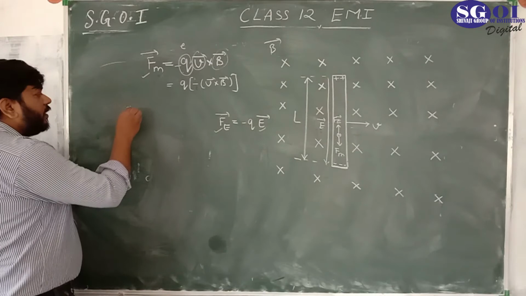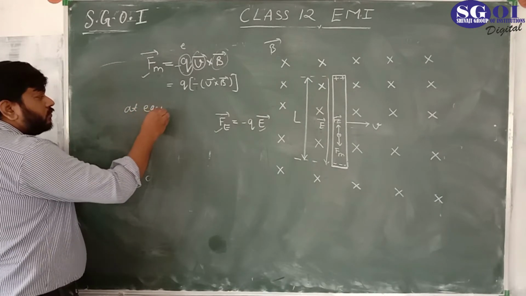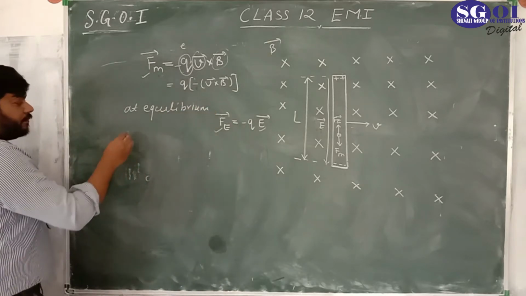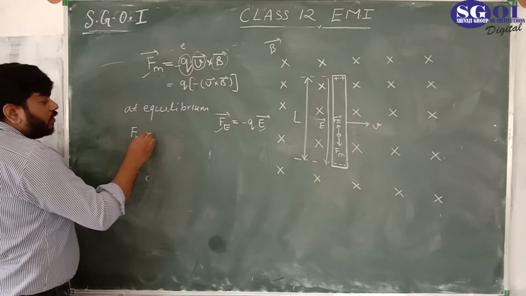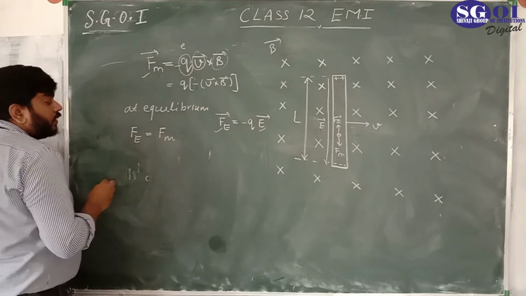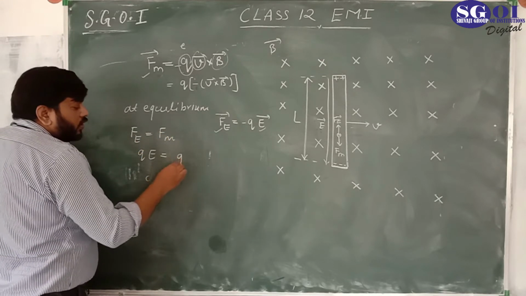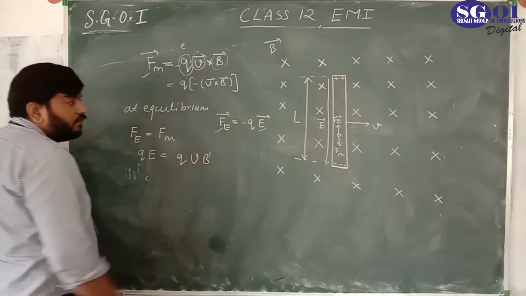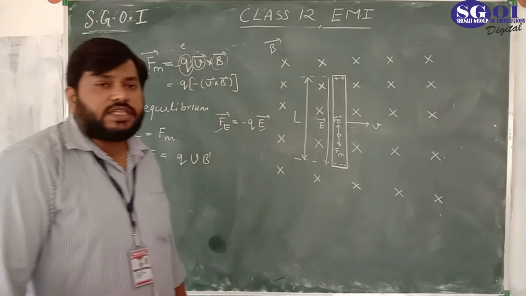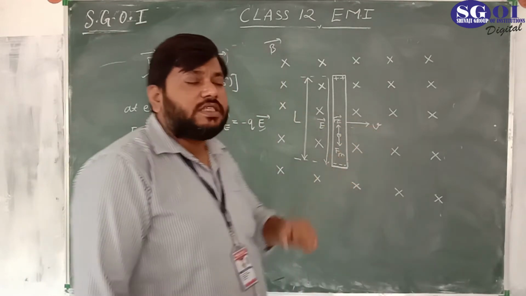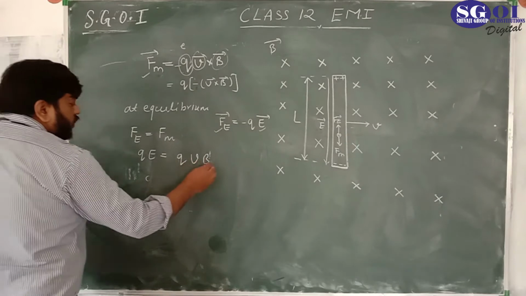So at equilibrium we can say F_E equals F_m. F_E is what? qE. F_m is what? qvB sin theta. What is theta? Theta is the angle between v and B. v is here, the angle is 90, sin 90 is 1. So this is simply qvB.